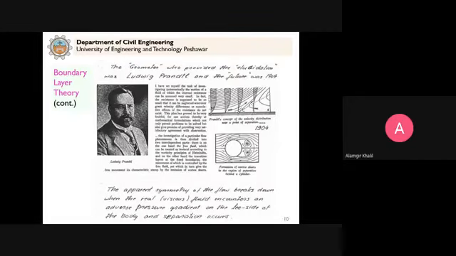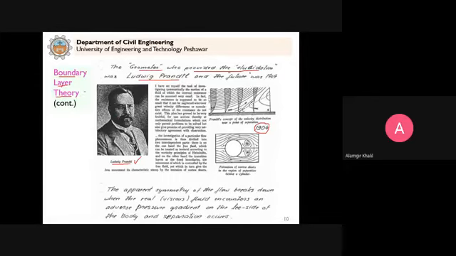Then in 1904, in the early 20th century, the geometer who provided the clarification was Ludwig Prandtl. He gave the concept of what we know as the boundary layer theory, which is a very significant contribution in modern fluid mechanics. I said in the first lecture that because of that, Ludwig Prandtl, a German engineer scientist, is considered the father of modern fluid mechanics.